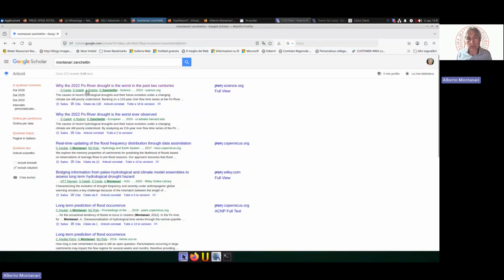And one important piece of information that is reported here is the number of citations. Here it's in Italian, but you can easily understand that there are 128 citations to this paper, which is quite a good number if you look at the date of publication.